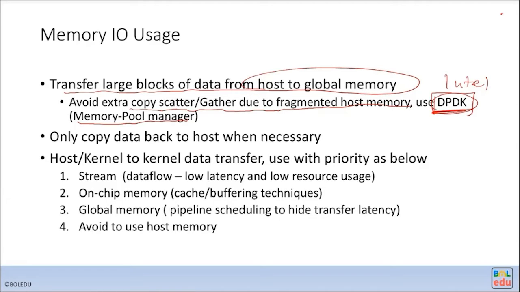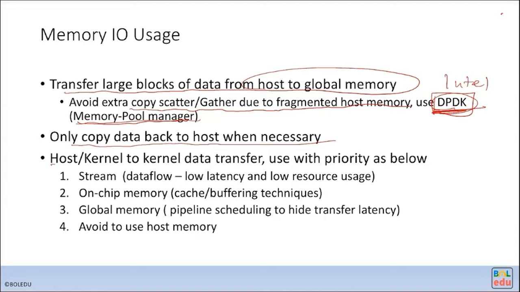So memory allocation may play a very significant role here, and using something like DPDK gives you a lot of advantages. And you don't want to copy all the data to the host, only the data that is necessary.